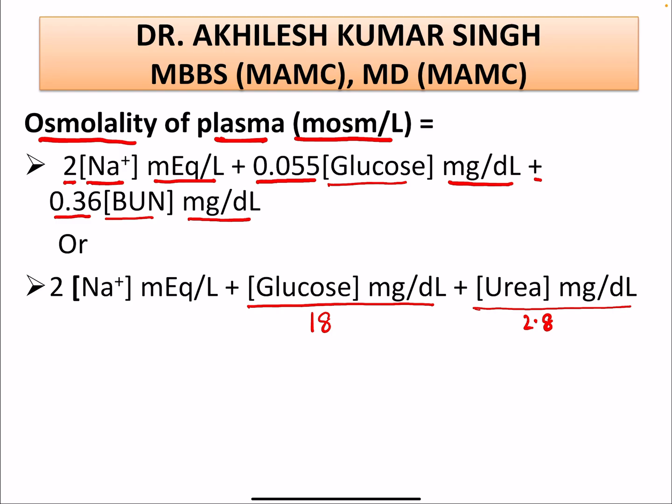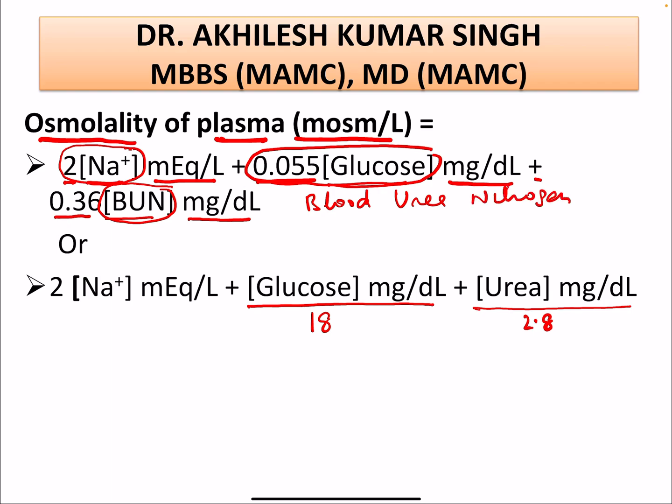So in this formula, the plasma osmolality depends upon number one, the sodium; number two, the glucose; and number three, the blood urea nitrogen. BUN is blood urea nitrogen.